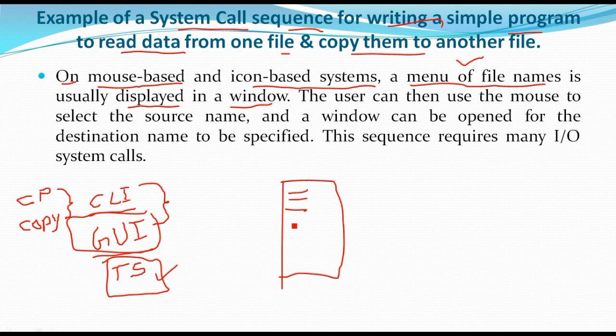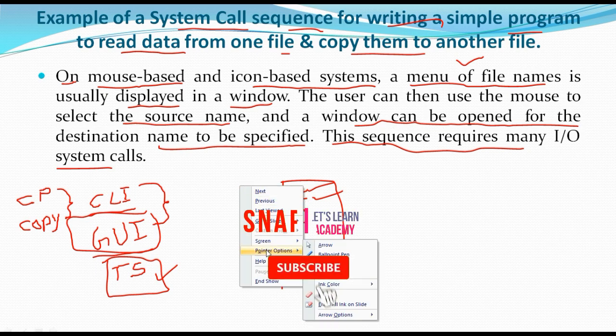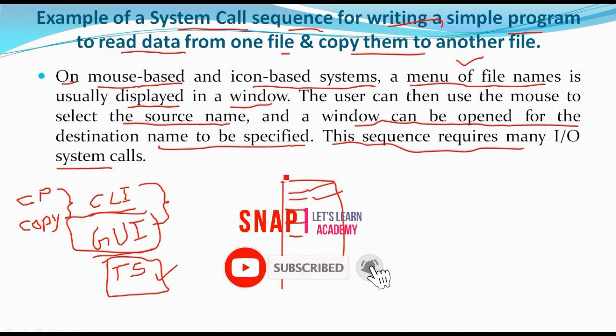The user can then use the mouse to select the source name, and a window can be opened for the destination name to be specified. So we can specify a source as well as a destination. This sequence requires many IO system calls. Even if we are simply right-clicking, copying the content, and pasting it, it still requires a sequence of IO system calls.